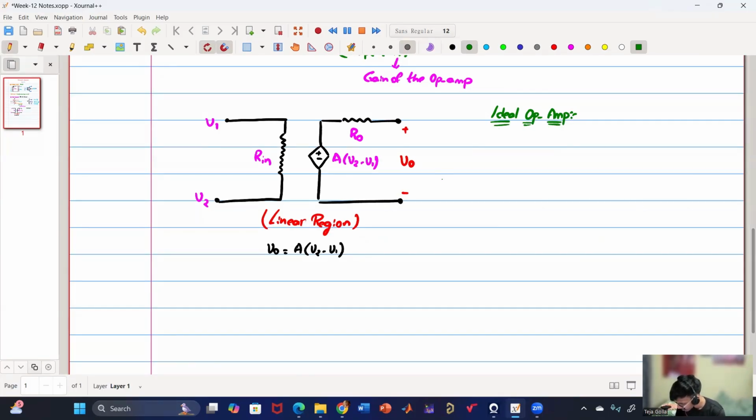In the ideal op-amp, input impedance or input resistance becomes infinite, so it is basically like an open circuit, and R out becomes zero, so basically it is shorted at the output, and the gain is also infinite. Is this clear until this point?